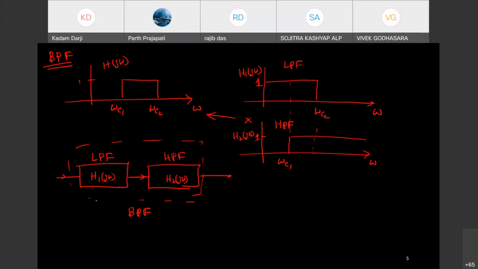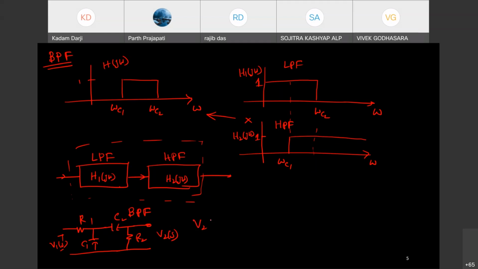In a circuit, what can you do? For the low pass filter, you can design one resistance and one capacitor. And for the high pass filter, you can design a capacitor followed by a resistance. So this is R1 C1, this is R2 C2, and this is your input V1(s) and output V2(s).